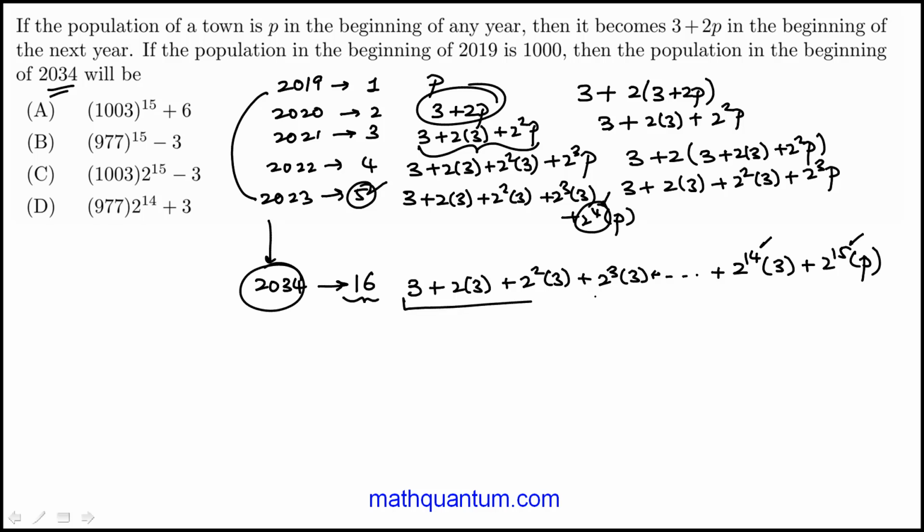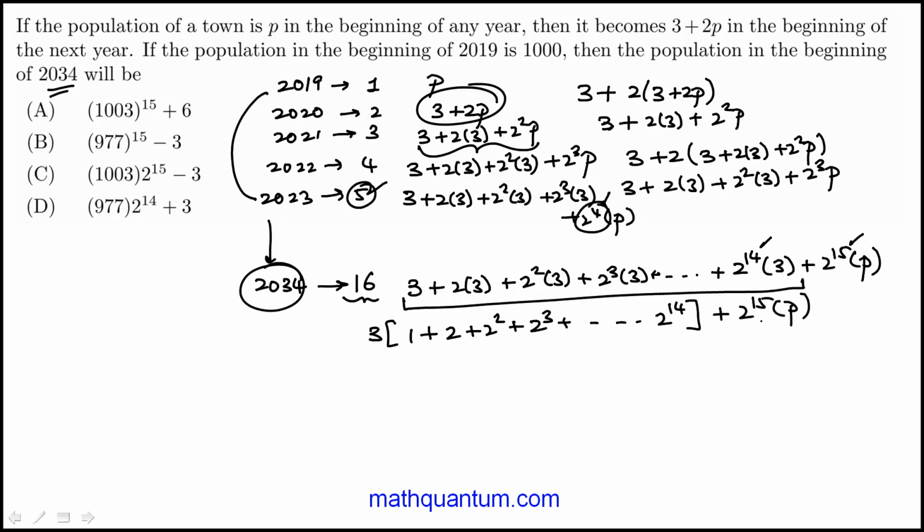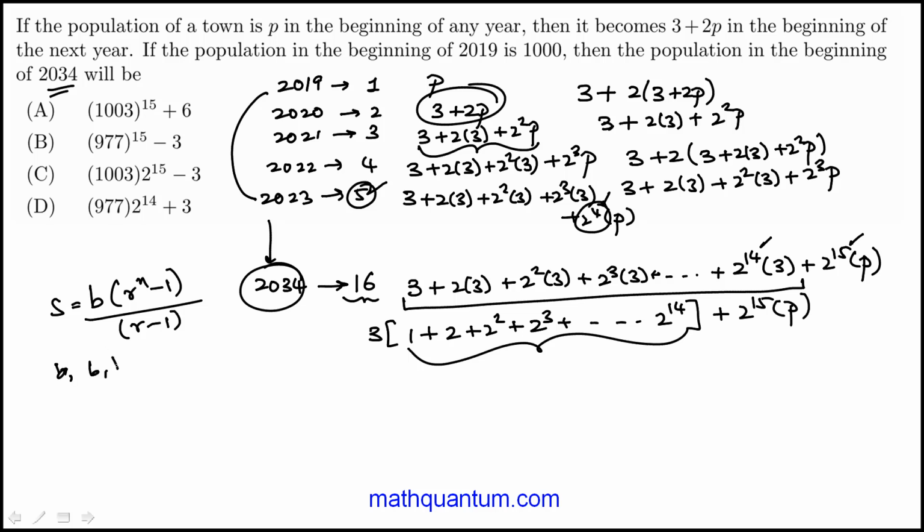That's 14. Now I need to add this separately, and you'll notice if I factor out a 3, we get the sum of this geometric progression. And we can apply the sum formula, which is b times r to the n minus 1 over r minus 1, where the terms are b, br squared, and the last term is br to the n minus 1.